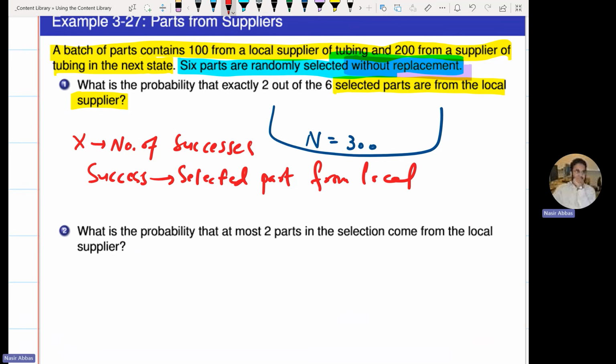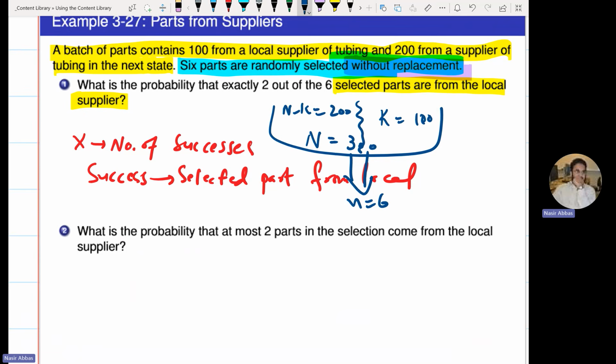How many successes are in your population? How many failures? 200. How many are you selecting? You got the 3 numbers. You got n, you are selecting 6. You got 100, the number of successes in your population, and you got 300, the total size of your population. That's all you need.